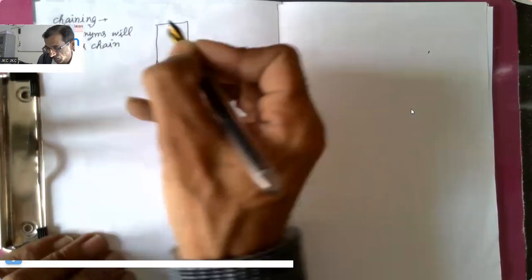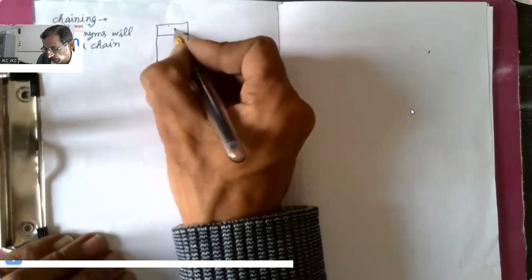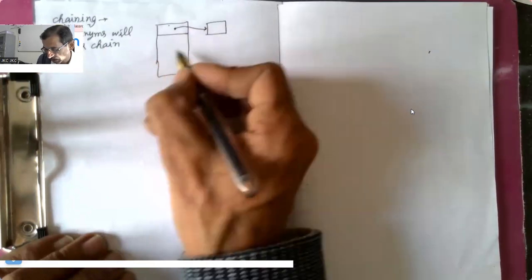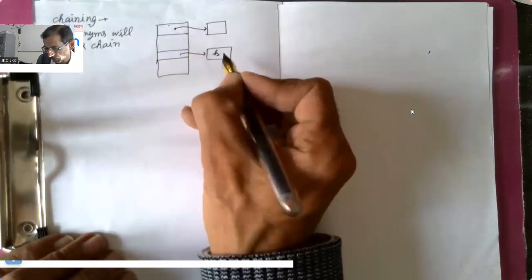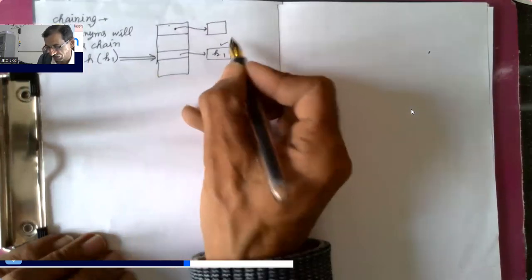Chaining. Chaining means that if duplicacy is there, the values will be stored in a chain. So synonyms will be chained together, and a chain effectively means a kind of linked list. Let's say some value K1 has been stored at this place, which effectively means h of K1 mapped to this place and K1 is stored.